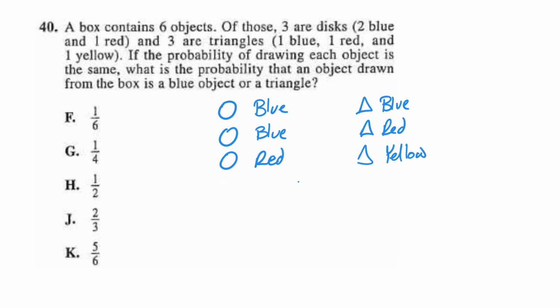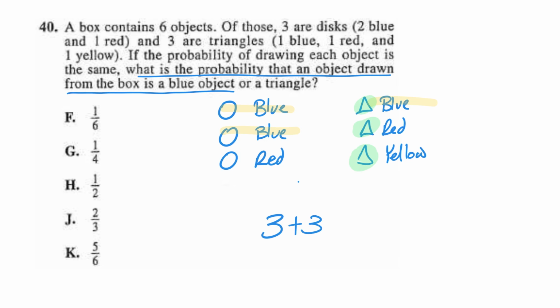What is the probability, if the probability of drawing each object is the same, that an object drawn is blue or a triangle? Well, we have 1, 2, 3 blue objects, and we have 1, 2, 3 triangles. So that's a total of 6.